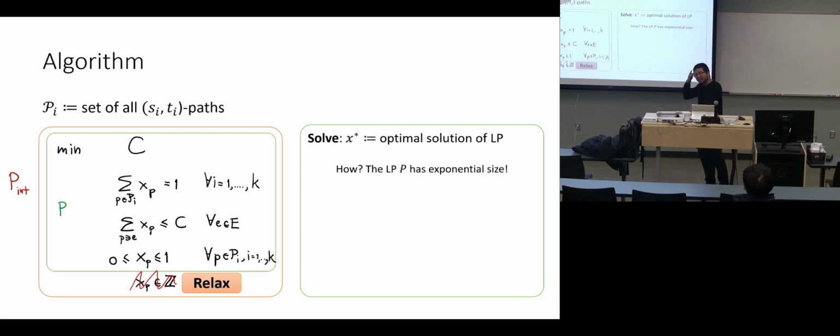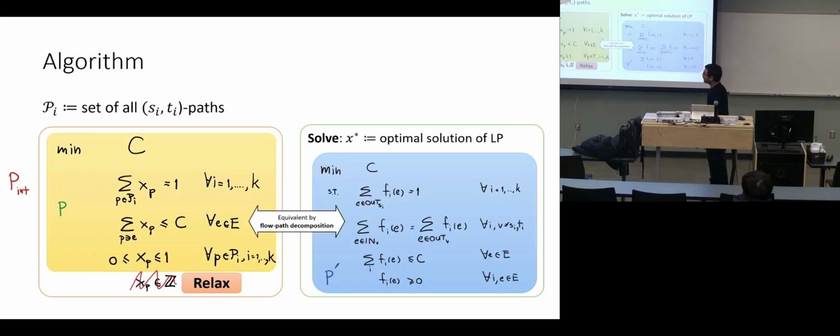So why is that? This is when the intuition about flow that you have learned is useful. I claim that if you look at this LP, instead of solving this one, you can solve another LP instead.